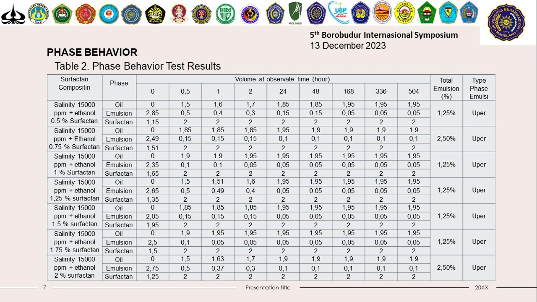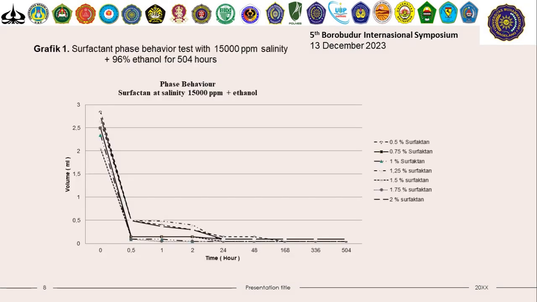The following is the graph of change in the emulsion at each concentration. In the graph, you can see the change of emulsion volume over the test. It is known that the surfactant with the highest total emulsion is at concentrations of 0.75 and 2%, with a total emulsion of 2.5% and upper phase type.